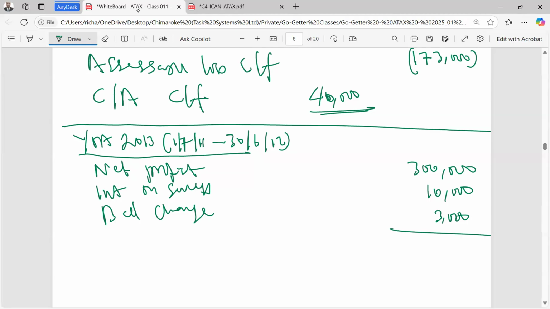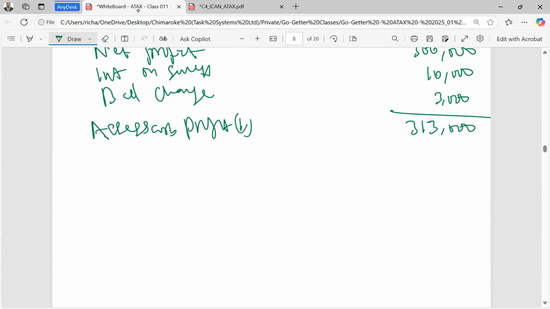Total them up will give me 313,000. This is your accessible profit 1. Right?